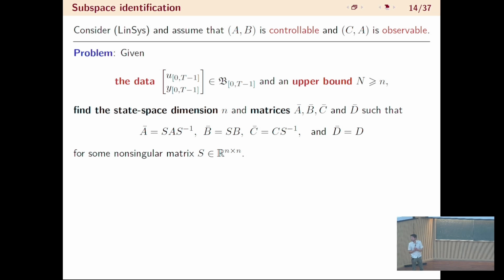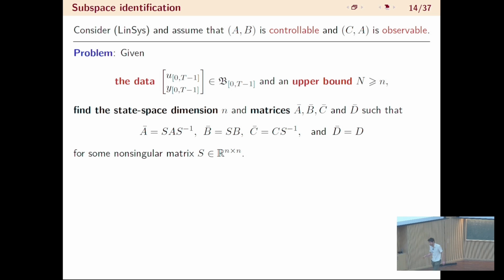Which means that the best thing that I can do, since I cannot find A, B, C, D exactly, is to find a system A bar, B bar, C bar, D bar that is similar to the original system A, B, C, D. So that's the problem. Do you have any other questions about the problem?